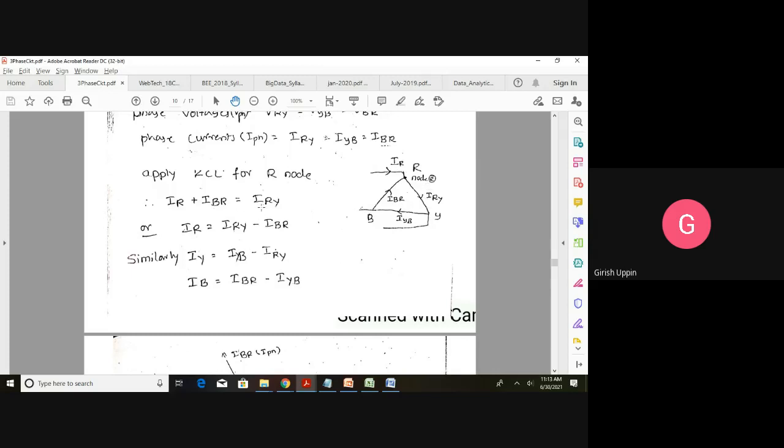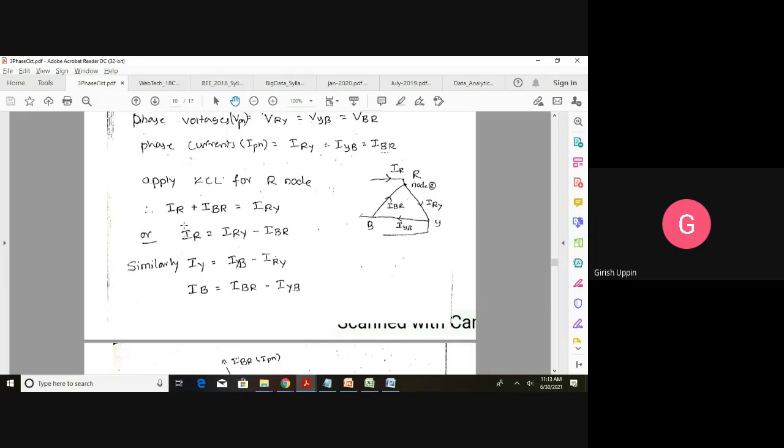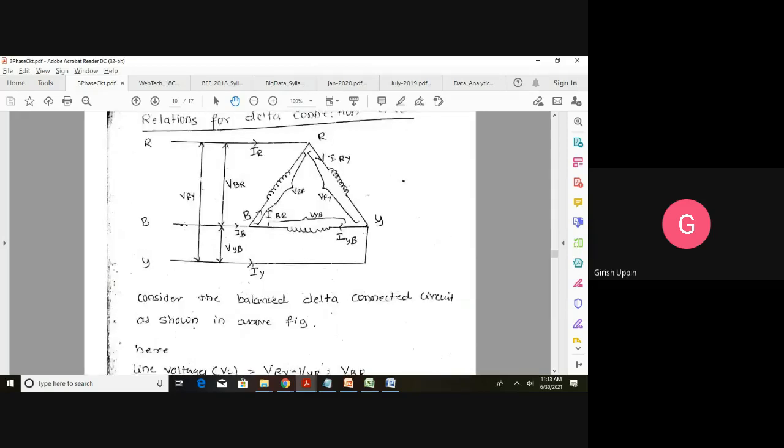Or I can write IR is equal to IRY minus IBR. This is IR, and I am taking this on the other side, IRY minus IBR. And already we know IR is what? IR is the line current, isn't it? IR, IY, IB are the line currents. So this is IL. And what is this current?